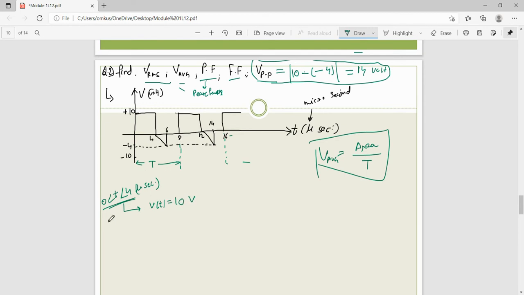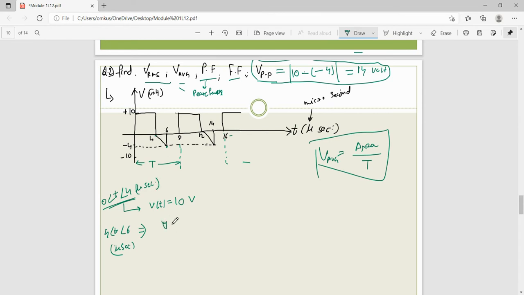Now 4 to 6, what is the value for 4 to 6? See, all these values are in microseconds. Similarly, find out 4 to 6.